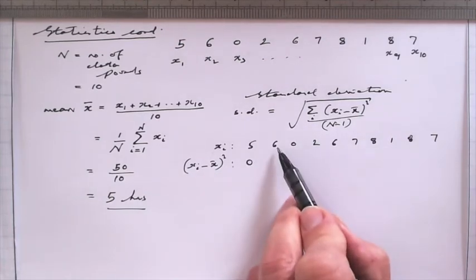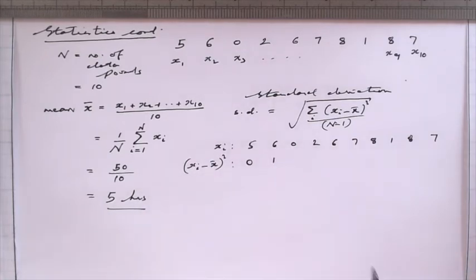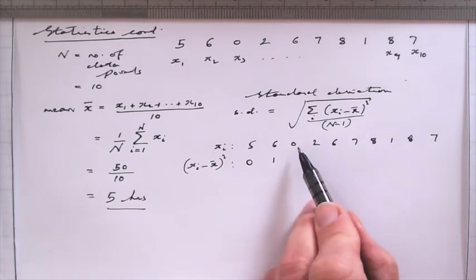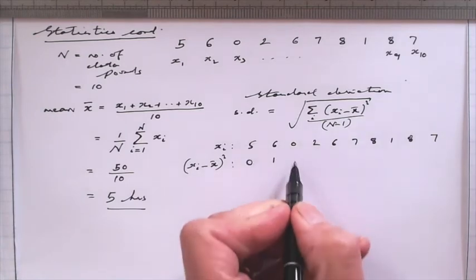Day 2, there were 6 hours, which is close to the mean. 6 take away the mean is 1, and 1 squared is 1. Day 3, no sunshine. 0 take away 5 is negative 5, squared is 25.